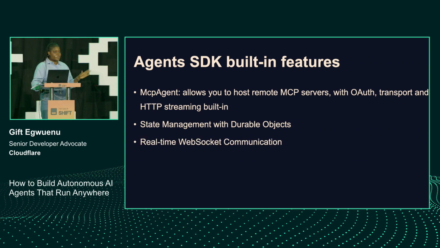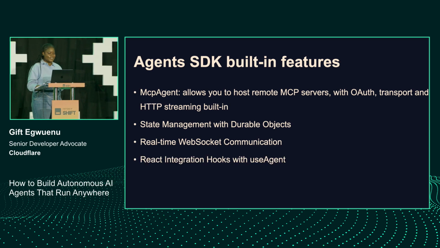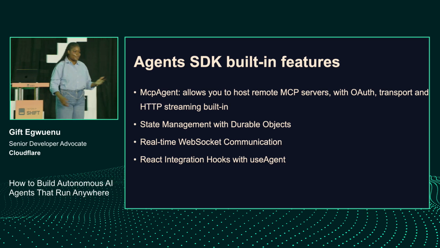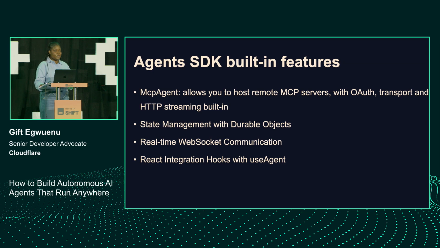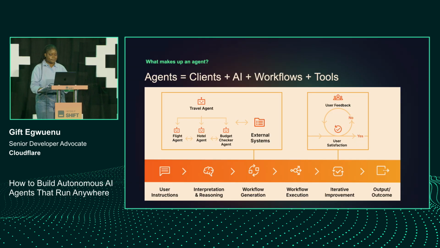You have real-time WebSocket connections, and this Agents SDK uses React. So if you're a React developer, you might find this interesting. We have a useAgent tool that uses built-in hooks for the implementation with React, and also basic AI chat capabilities already installed in the SDK, so you can just get started.